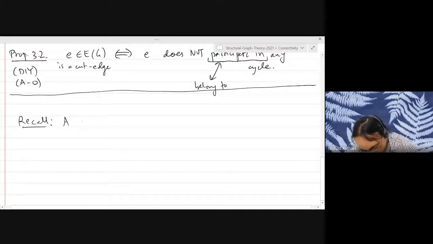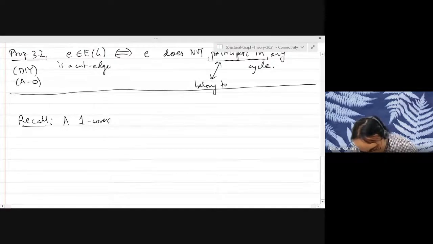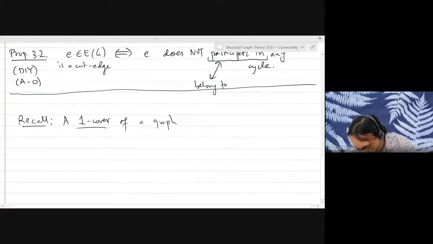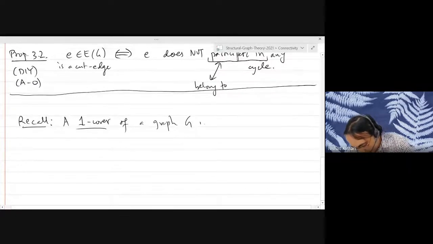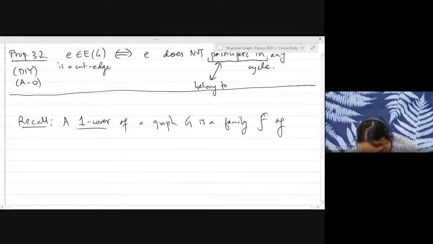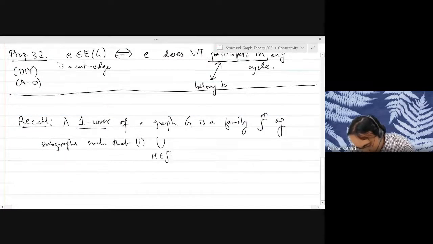A 1-cover of a graph G is a family script F of subgraphs such that if you take the union of all the edge sets of these subgraphs, you will cover all the edges of the graph.